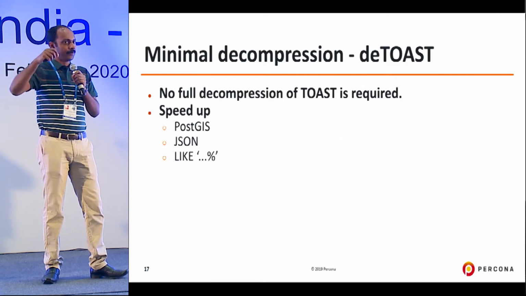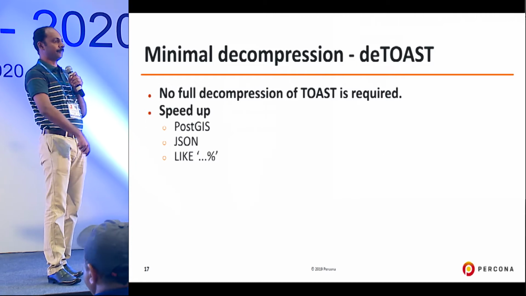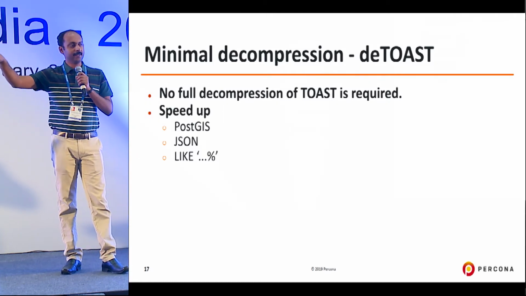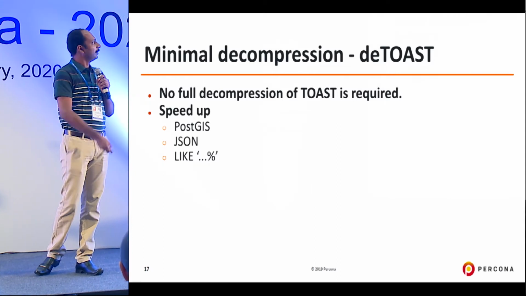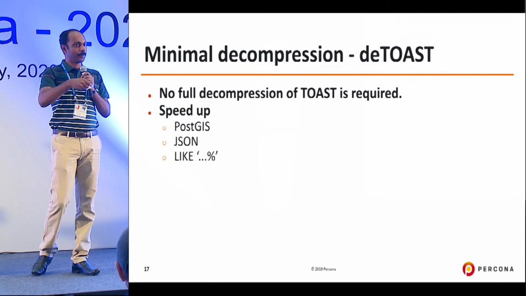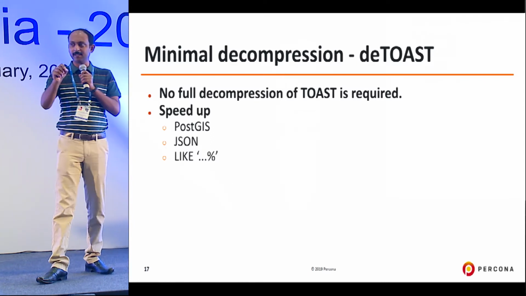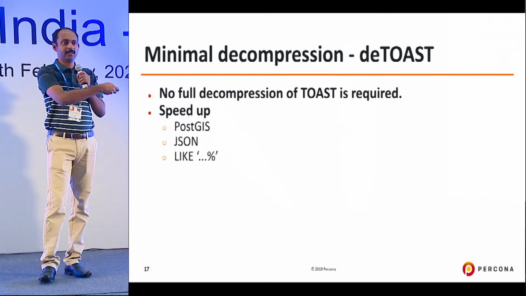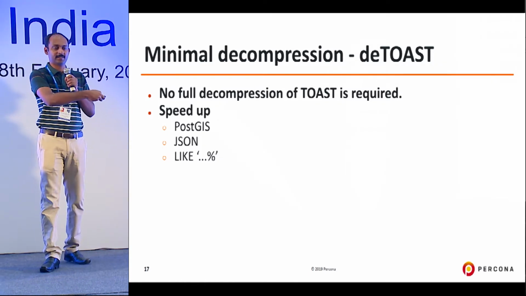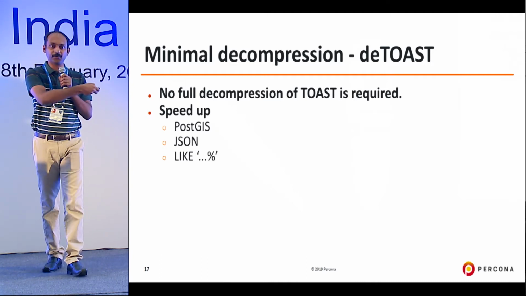And every time when you access those things for a query like PostGIS or JSON query, the entire thing will be detoasted, it's uncompressed and searched inside that. But in Postgres 12, the operation is changed. Suppose if you are searching only the initial part of the column, only that part gets detoasted. So most of your queries hitting on the toasted column are going to improve.